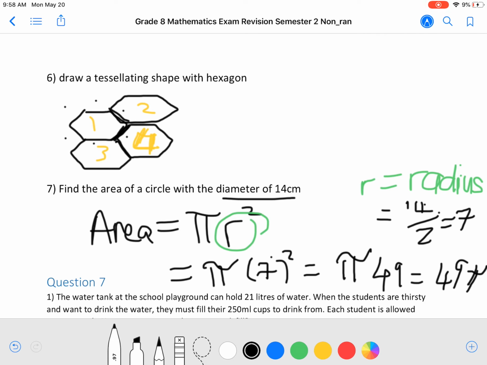Sorry, that's an ugly pi, but you get the idea. If you want to, you can put this number in your calculator and give a more accurate number. This is probably the most accurate you'll get, but if you want something closer to 2 decimal places, you just rewrite this 49 pi. That's it. I move on to question 7.